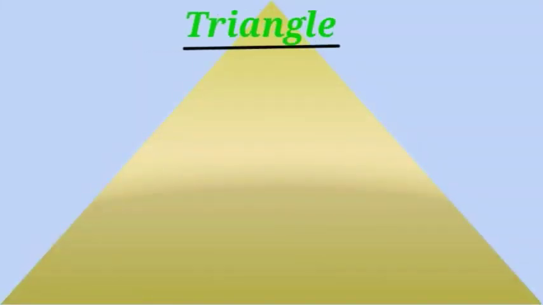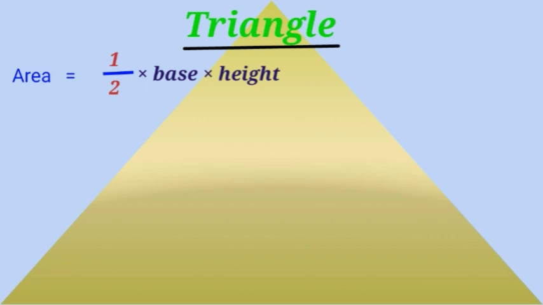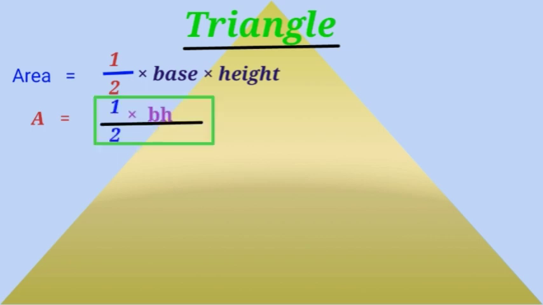So dear children, for a triangle, area is equal to 1 by 2 into base into height. That is A is equal to 1 by 2 into B into H. From this equation we find out its base.